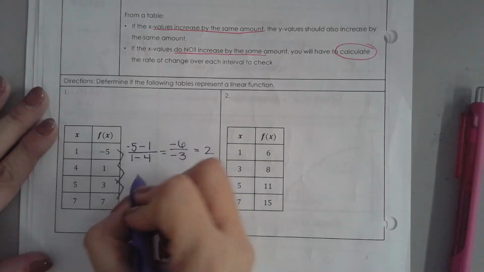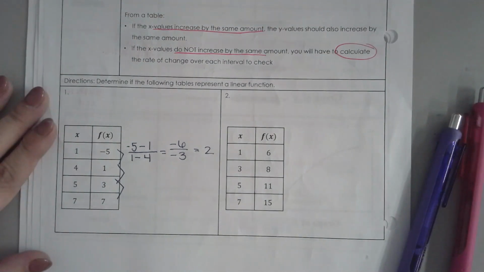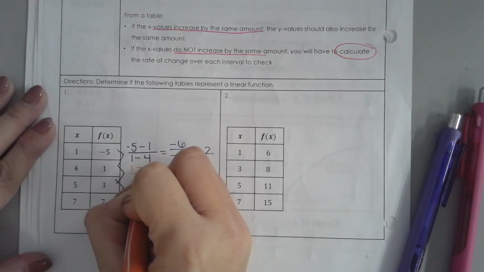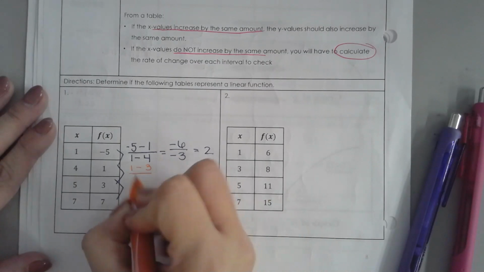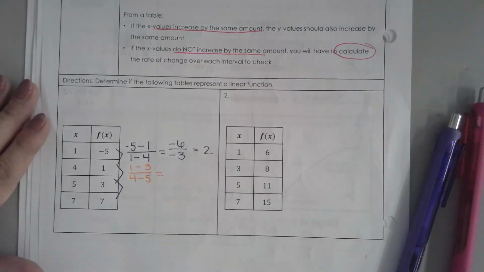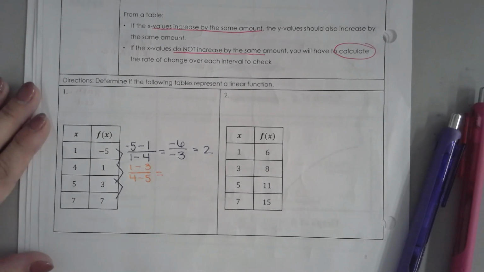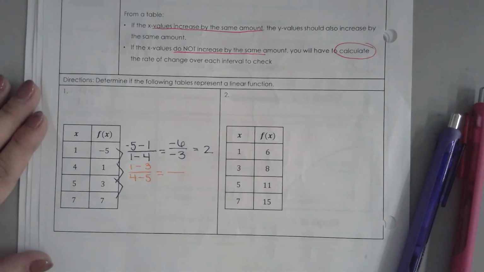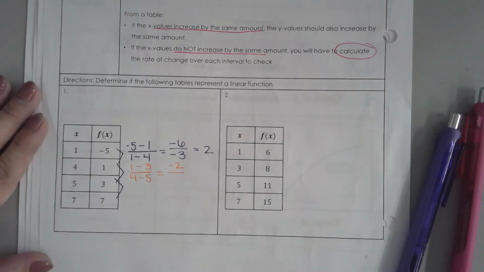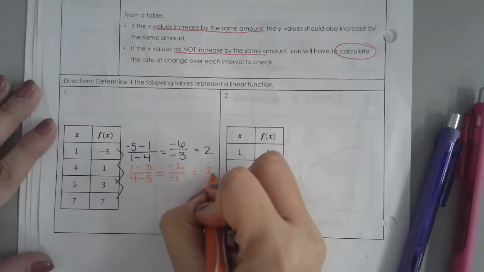And then let's do it again. 1 minus 3 over 4 minus 5. One minus 3 is negative 2, and 4 minus 5 is negative 1. That simplifies to 2. So far, so good.